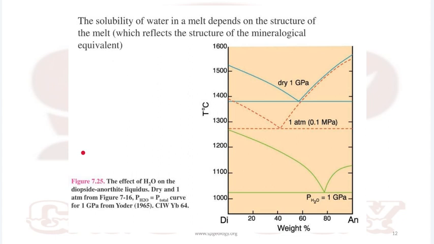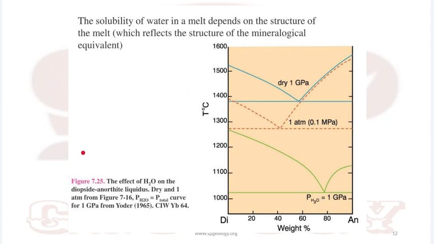So pressure and melting temperature are directly proportional to each other. But different substances will respond to the pressure differently. In some cases the melting temperature will rise quickly, in some cases it will rise less. So it depends on the substance.